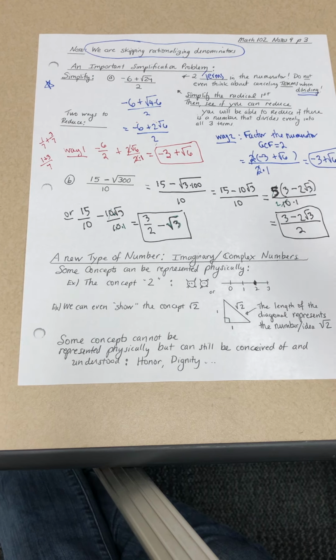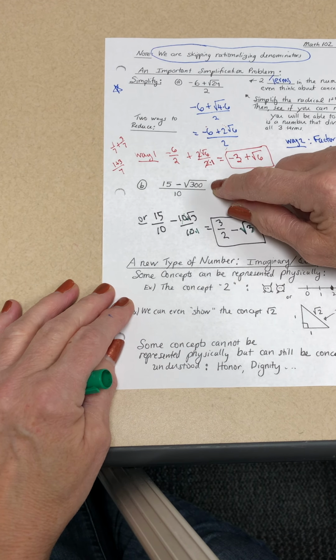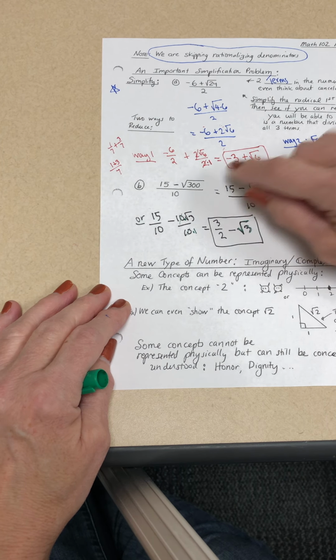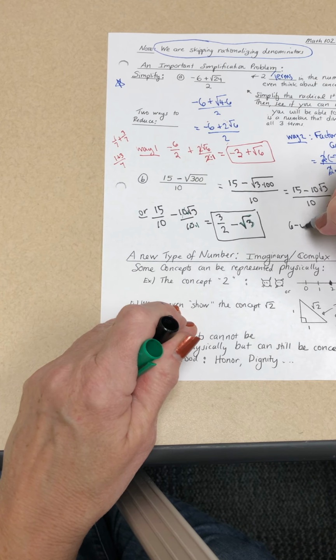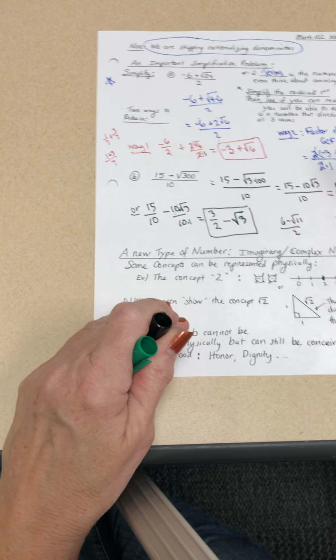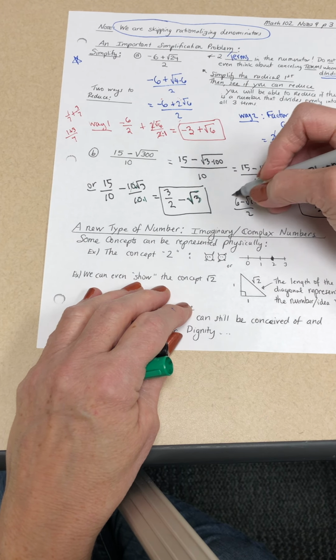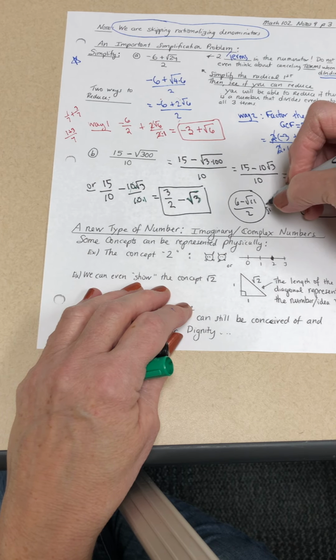One last comment before I leave this problem. If you wind up with an expression like this and you cannot simplify the radical, so like you had, I don't know, 6 minus root 11 over 2, if you can't simplify the radical, you can't simplify anything. It's done. That is simplified.